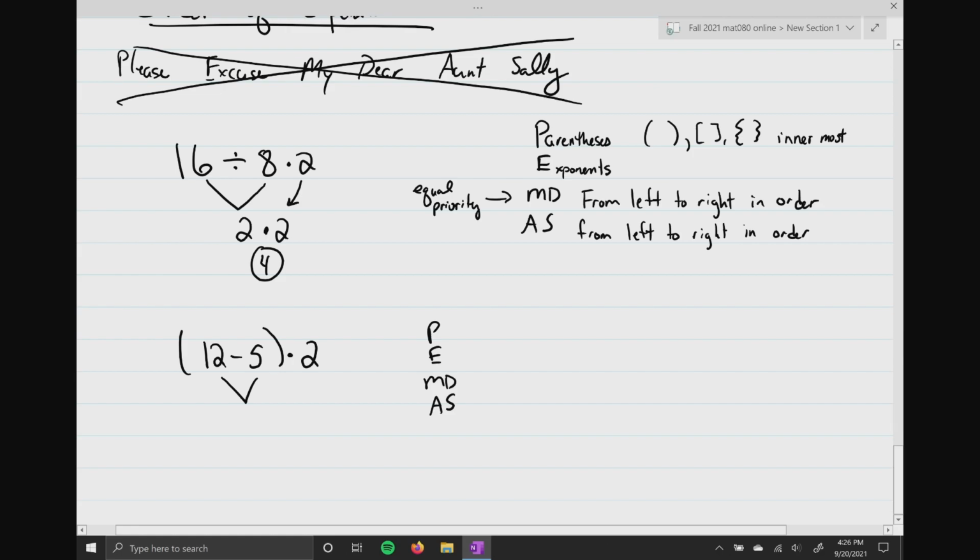I don't see any exponents inside the parentheses. I do not see multiplication nor division inside the parentheses. I'm just going to subtract these two numbers. 12 minus 5 is going to be 7. Then I drop down the times 2. 7 times 2 is 14. Okay? And that is how we simplify problems.